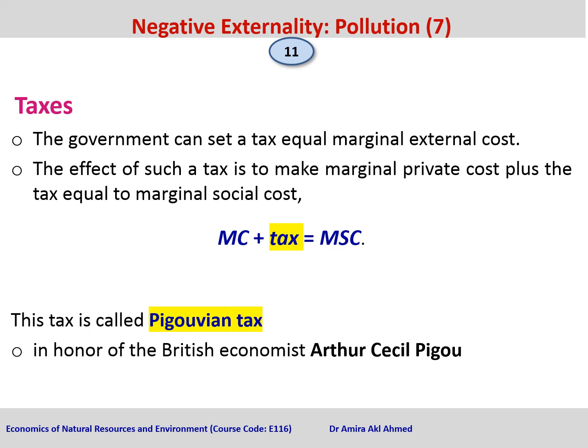The government can set a tax equal to the marginal external cost, so that marginal private cost plus the tax equals marginal social cost. These sorts of taxes are called Pigouvian taxes in honor of the British economist Arthur Pigou, who first proposed this approach to externalities.